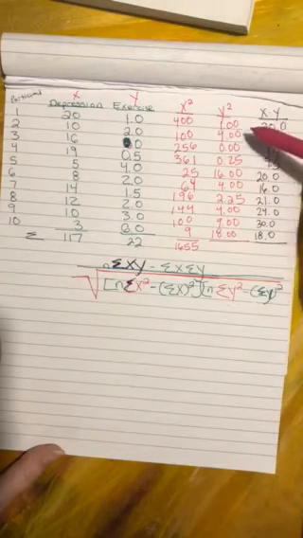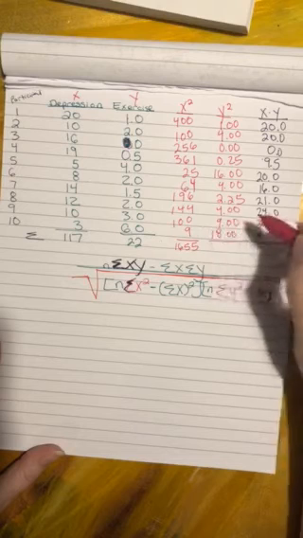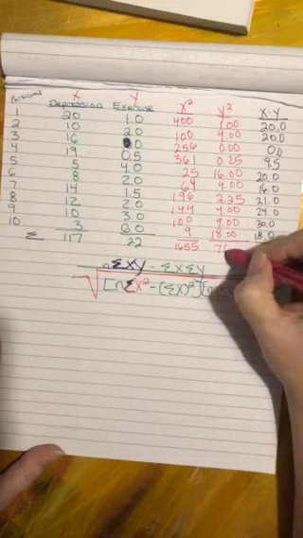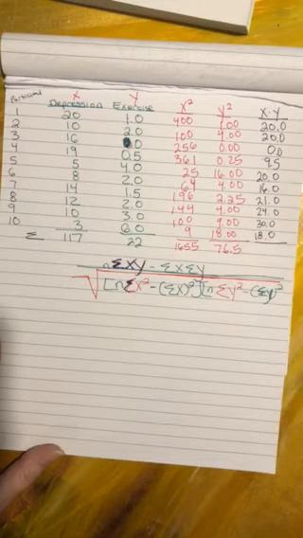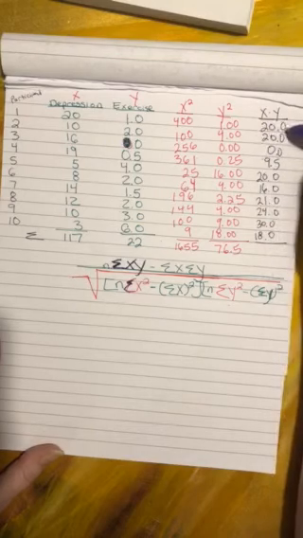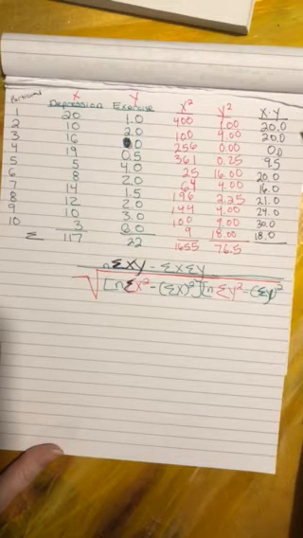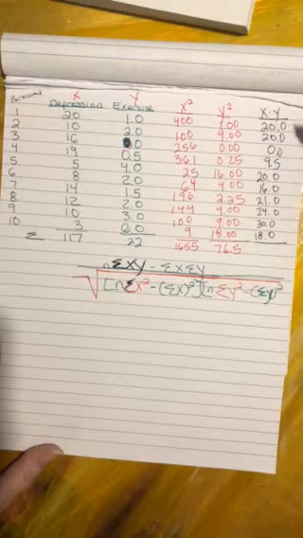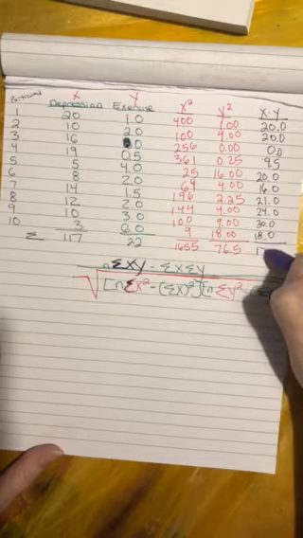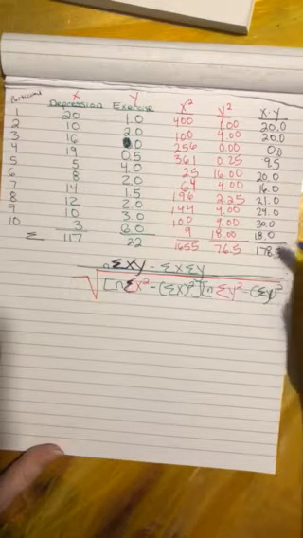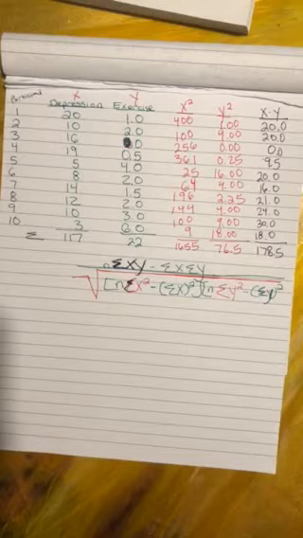Y squared column, 1 plus 4 plus 0 plus 0.25, and so on, is 76.5. And finally, adding up our x times y column, 20 plus 20 plus 0 plus 9.5, and so on, is 178.5. So now we've done the hard part, or the long part, I guess.